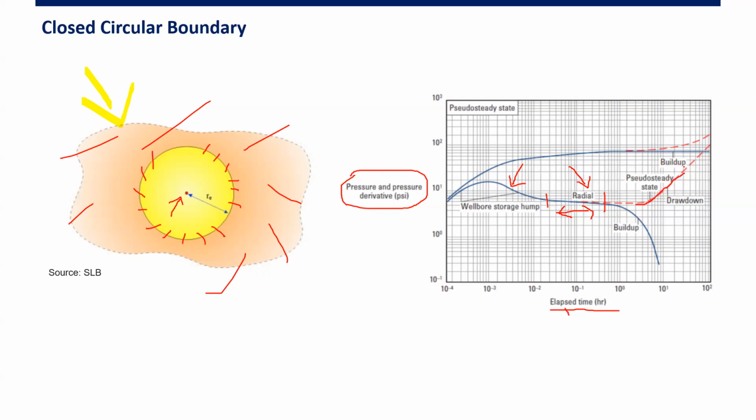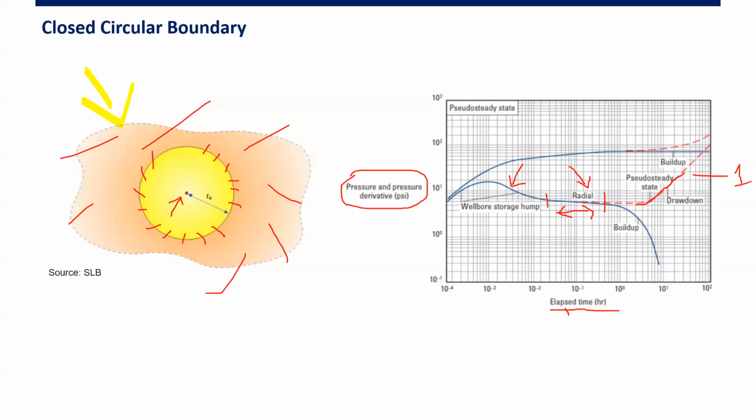The slope for the drawdown period for a well with a closed circular boundary will be, at late time, that the pressure derivative has a slope of unity, a slope of 1. It's very clear, it will be 1. Not half, not 1/4. No, it's exactly 1.